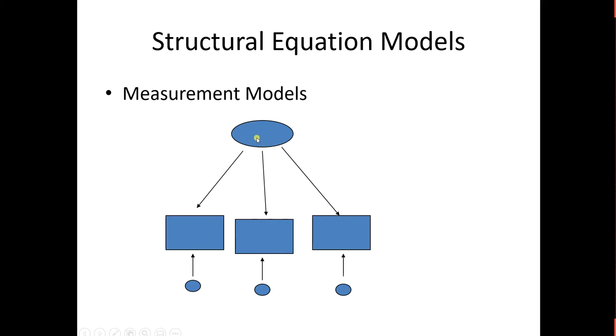For example, you may put here intelligence. It is a latent variable, and intelligence is causing variation in the level of reasoning of an individual. If an individual is high in IQ, then his reasoning will be better, his learning will be better, his memory will be better. Say it is reasoning, learning, and memory.